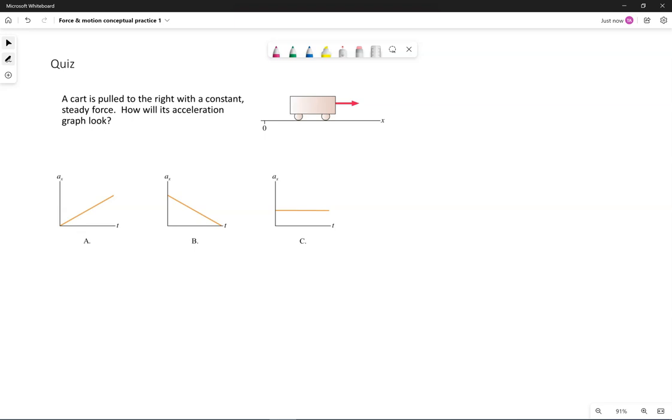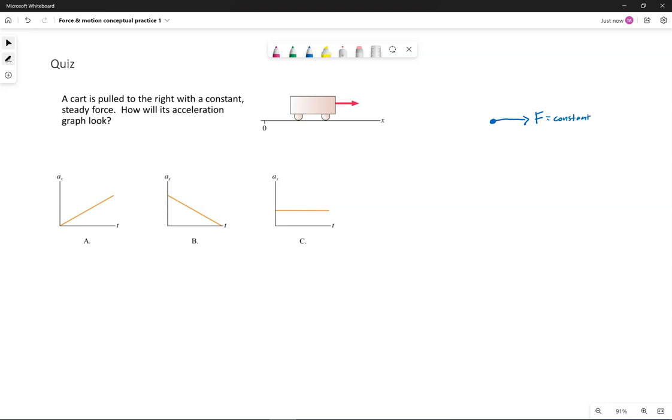All right, so our cart, again, this specific problem doesn't ask us to draw a free body diagram, but I'm going to, just for the practice sake. Our cart is the object of interest. We're told that it is pulled to the right with some sort of constant, steady force. This force is constant.